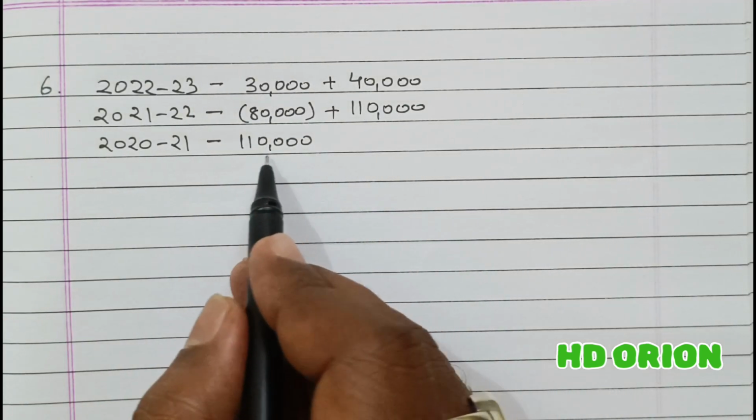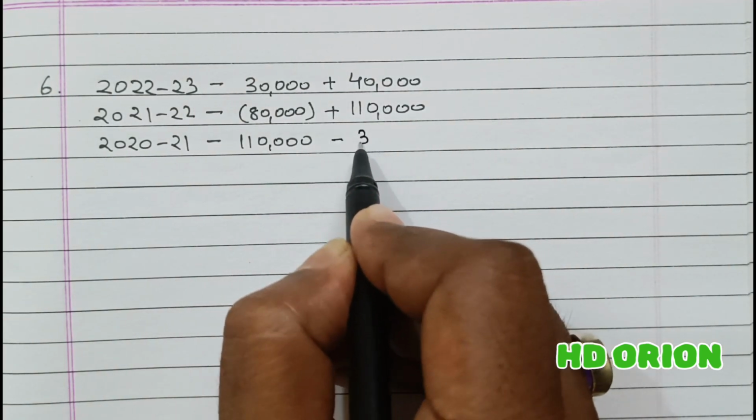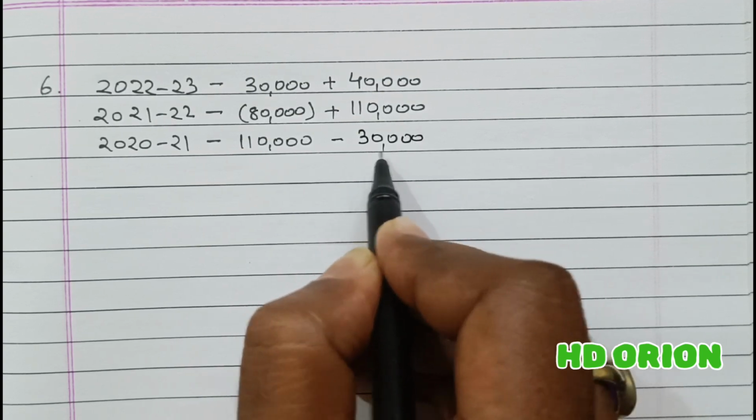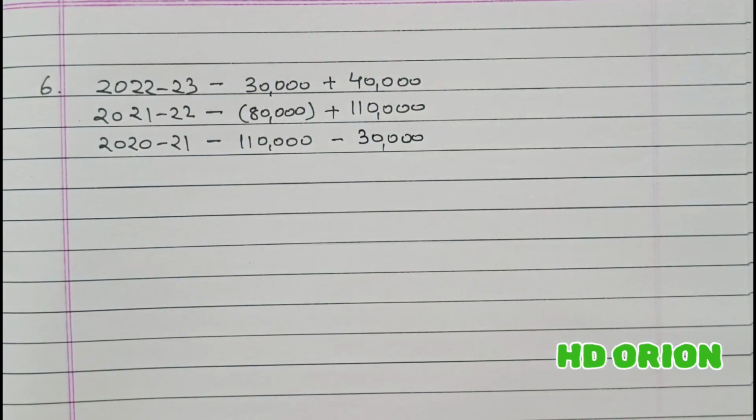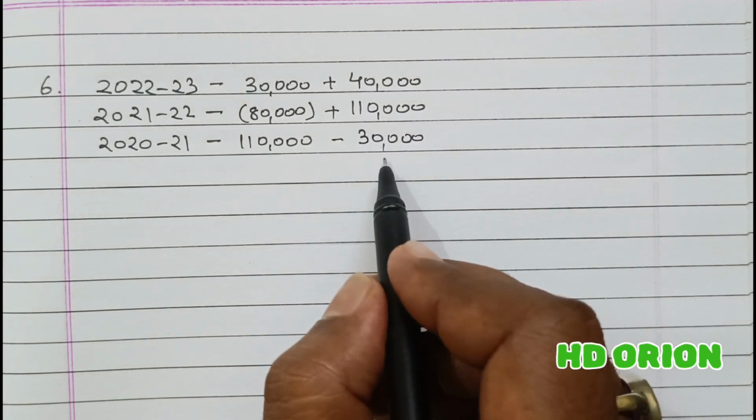It is included there. So we will eliminate this abnormal profit. It being abnormal profit, it will not happen every year, and as a result it is not generated out of regular business activity, and therefore it will be eliminated.